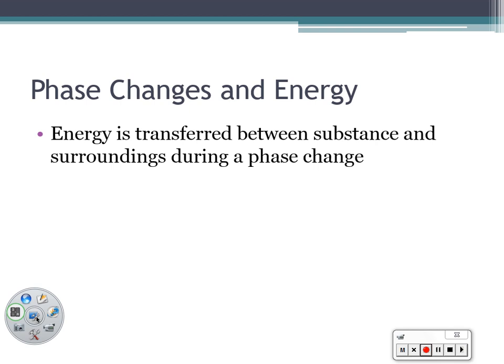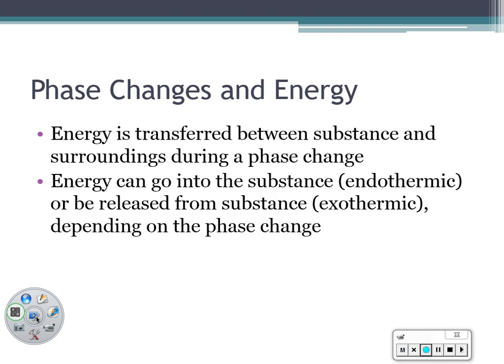Okay? So when we have these changes of state, energy either flows into our substance, but sometimes it'll come out of our substance. Depending on whether energy flows into it or out of it, we classify those changes as endothermic or exothermic. So letter B in your outline, endothermic: energy can go into a substance.